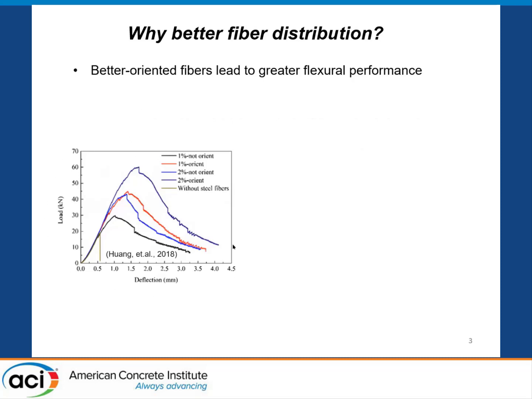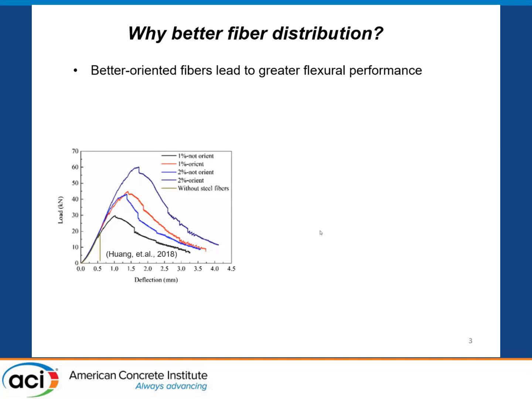As you can see in this figure, the UHPC with 1% well-oriented steel fibers can show even better flexural performance than the UHPC with 2% steel fibers without good orientation. So at the same amount of steel fibers, when you well-orient the fibers, the flexural properties are significantly improved.